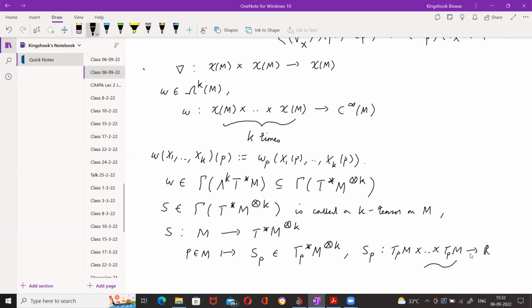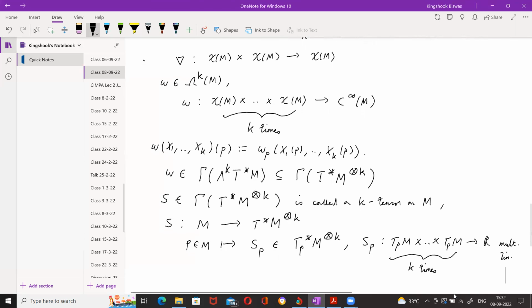This is K times product. This is multilinear. Is this clear? Yes, sir. This is called a K tensor.